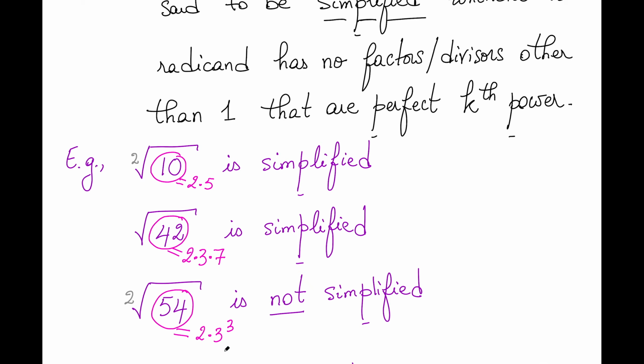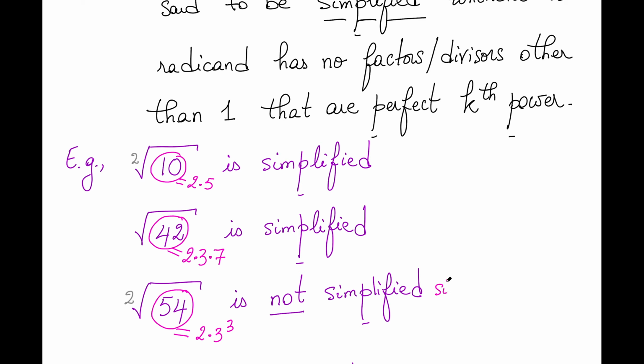So is there any of these factors that's a perfect second power? Can you come up with one? If yes, this is not simplified, and we just found it: 3 squared, which is 9. It's a factor. It divides this product. Since this factor divides the radicand and it's a perfect square, this is not simplified.